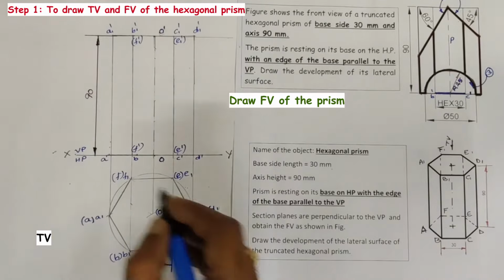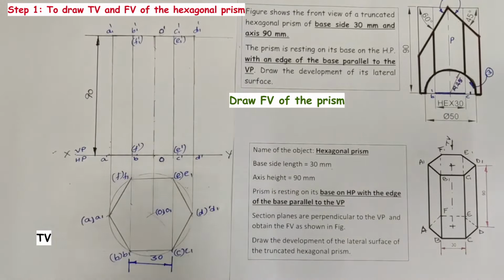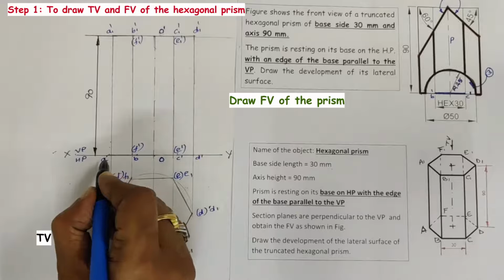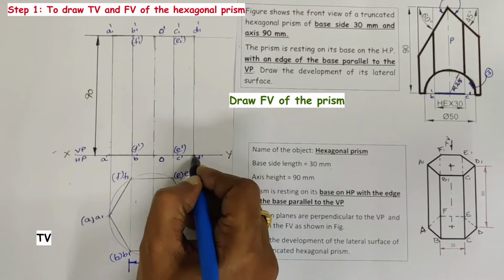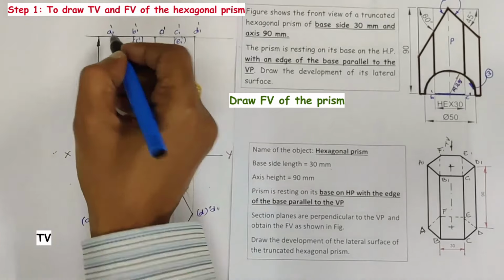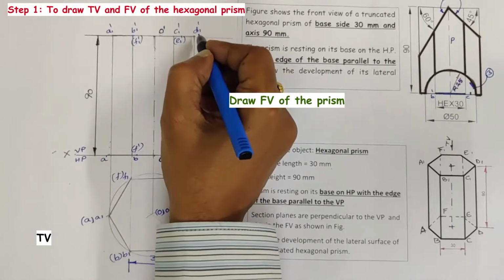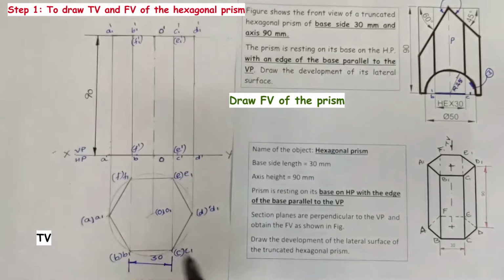Because the hexagonal prism is resting on its base on HP, that's why this A dash D dash line falls on the XY line.